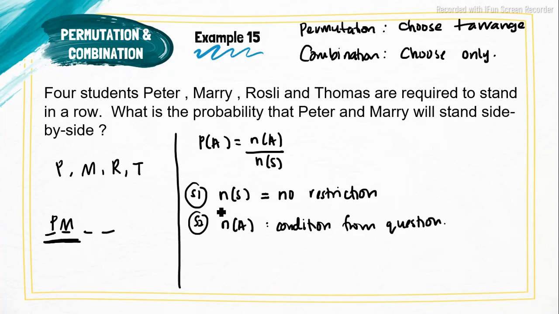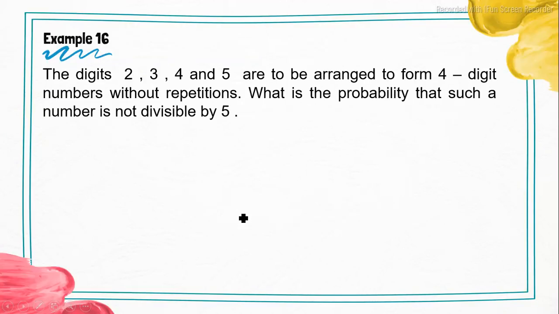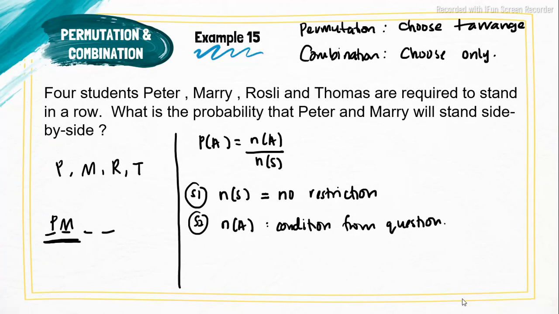Okay. So, first, kita cari dulu step 1 kita. Okay, so no restriction. Step 1 kita no restriction. Sekejap saya tambah slide. Okay, kita kena cari NS kita lah, which is no restriction. So, bila no restriction, kita boleh ambil terus 4P4.